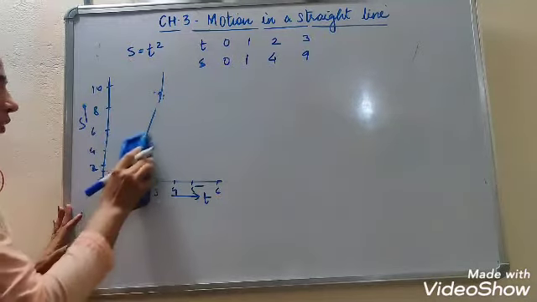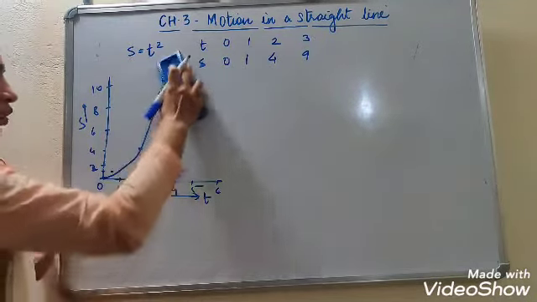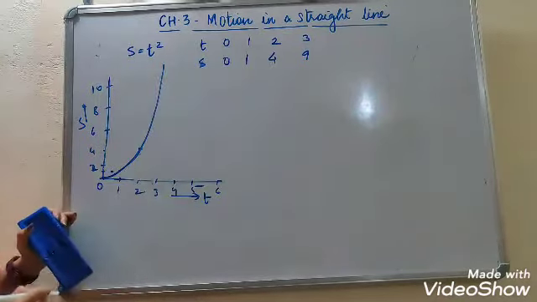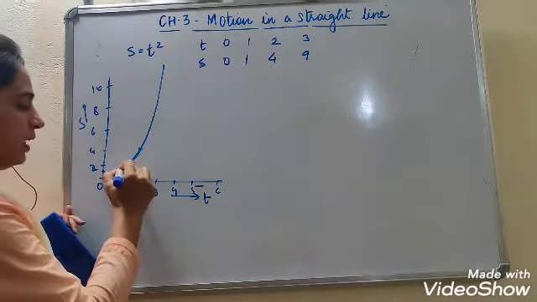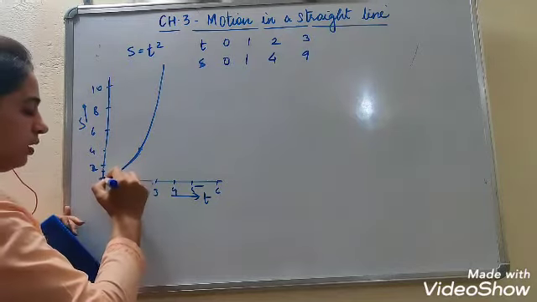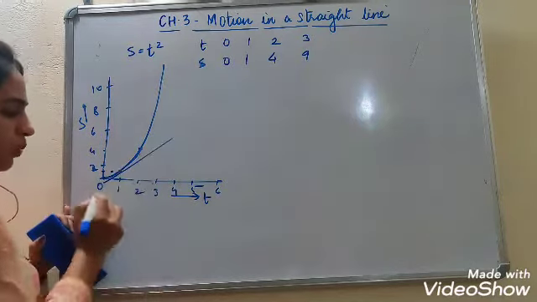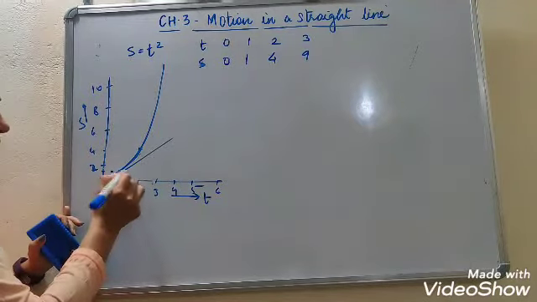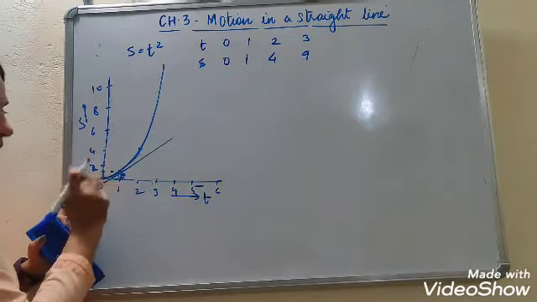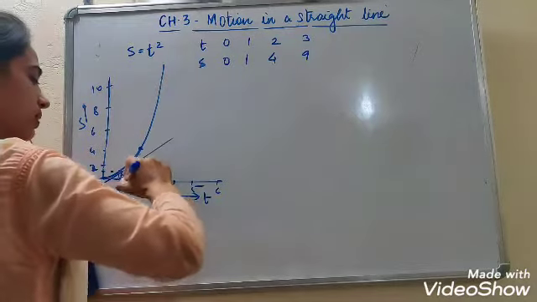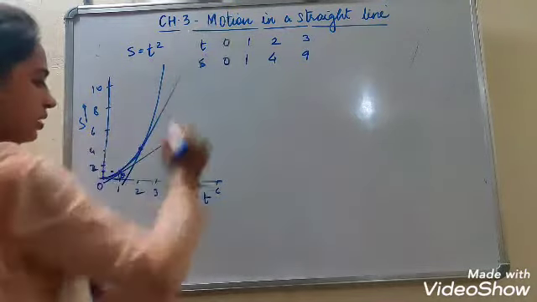Curved graph. For a curved graph, if you want to find the slope, how do you find the slope of this curved graph? See, at any point, for example here, we want to find the slope of this graph over here, then what do we do? We draw a tangent at this point. Then theta. This is the slope of this graph at this point. What about the slope of this graph at this point? At this point, draw a tangent.